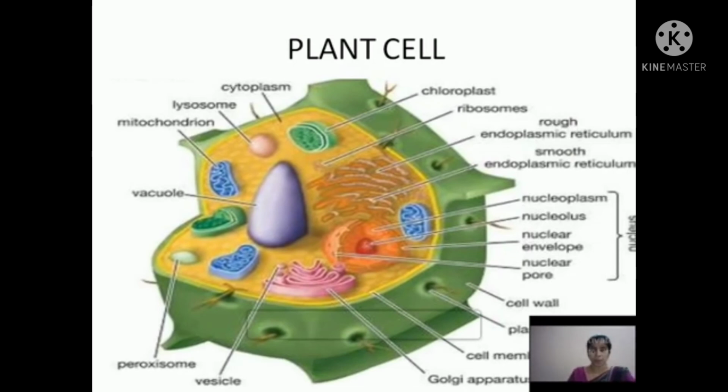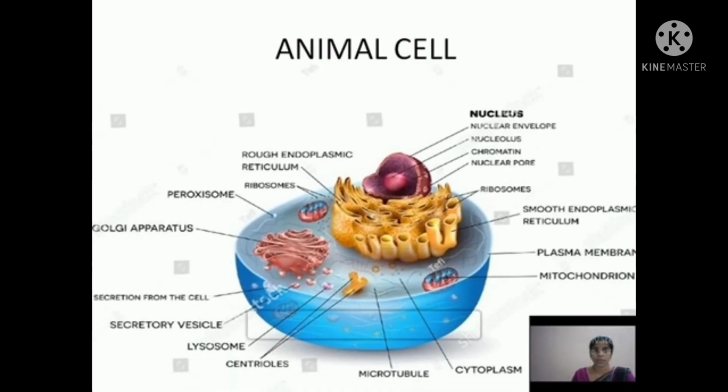So see the plant cell. Here it is vacuole and mitochondria, lysosome, cytoplasm and chloroplast and ribosome. A few cell organelles are found only in the plant cell. One is the vacuole and another is the chloroplast. And see the animal cell.